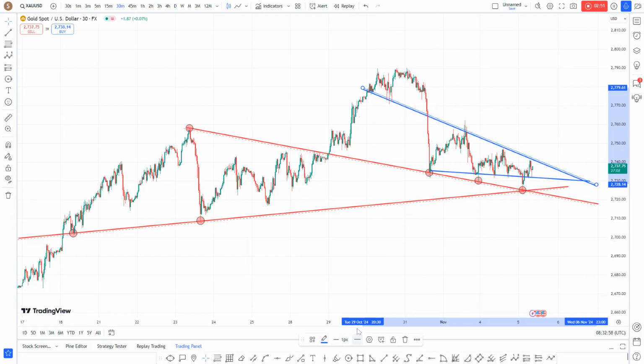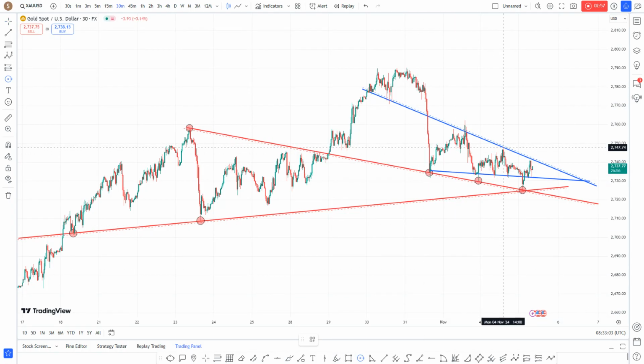So on critical notes, we want to see if price breaks this roof. If price breaks this roof, then we are ready to go long. So it opens the floodgate of liquidity, and buyers are no longer risk averse.